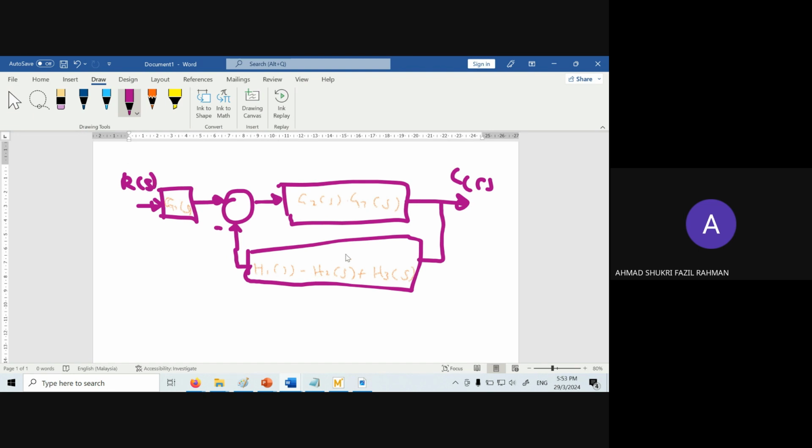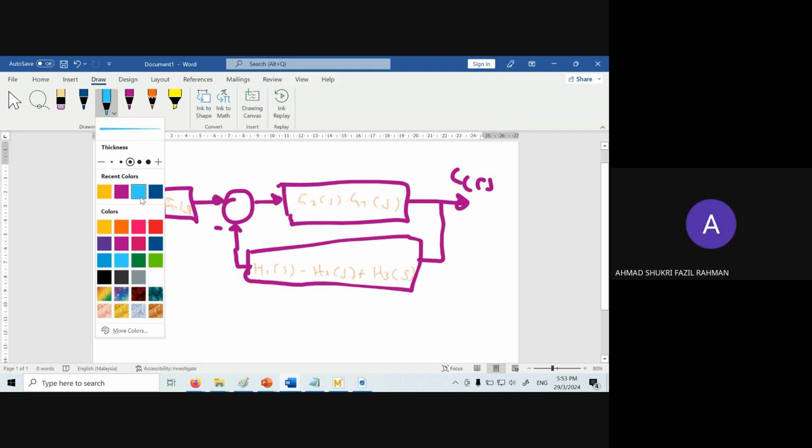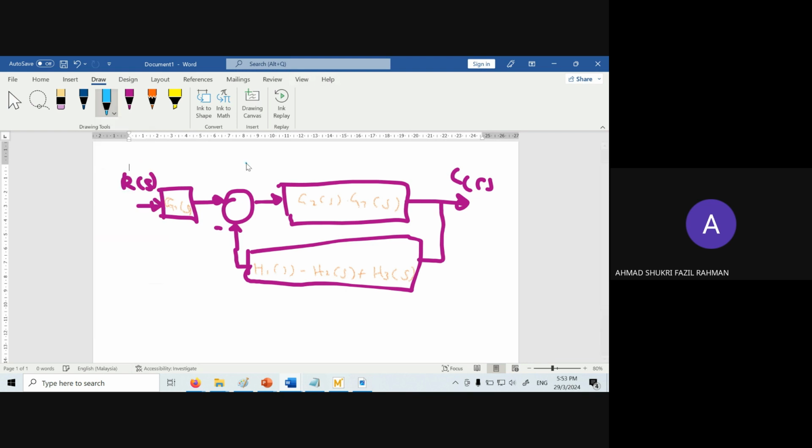Then from here you can solve this one. You use the feedback equation. First you find this part first. Solve for this part using the feedback equation.